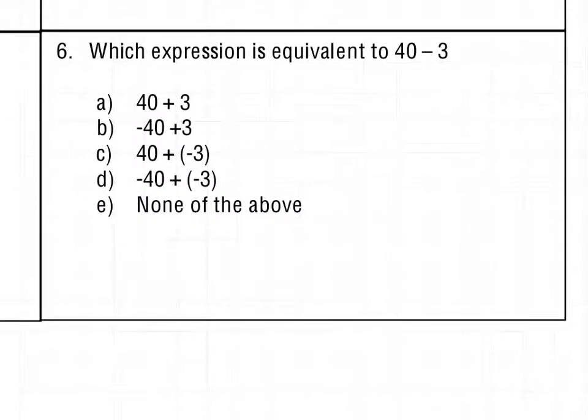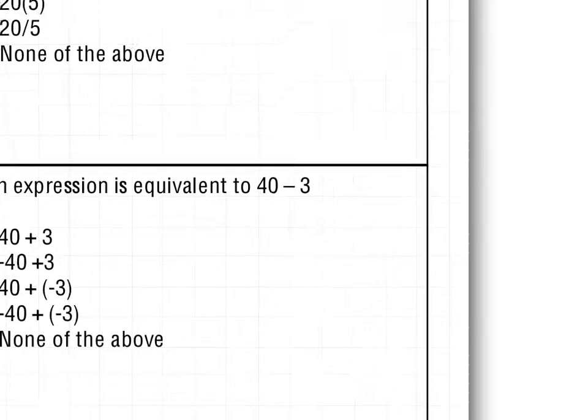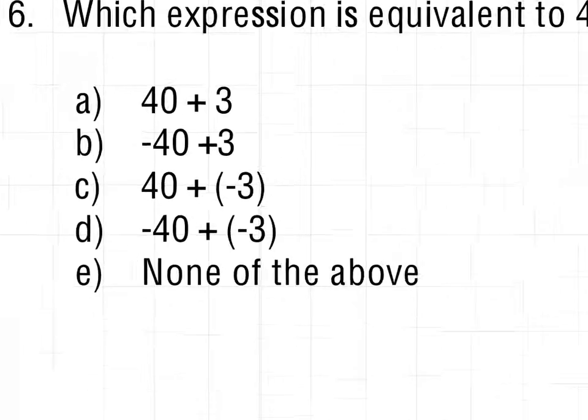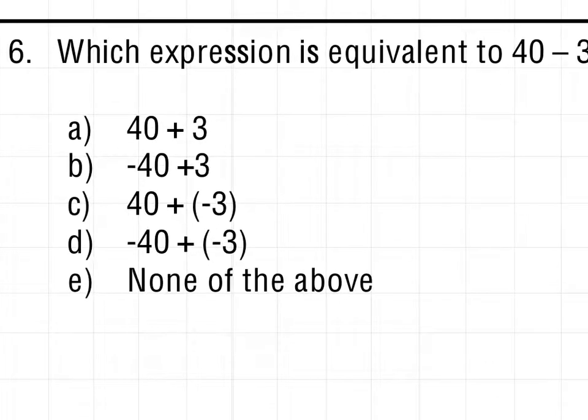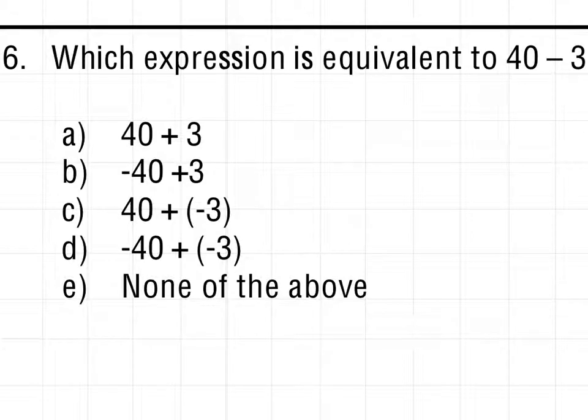And finally, which expression is equivalent to 40 minus 3? So we know that this would be equal to 37. And if we think about our arrow diagrams, 40 minus 3 would be the same thing as having a 40 and then backtracking negative 3.